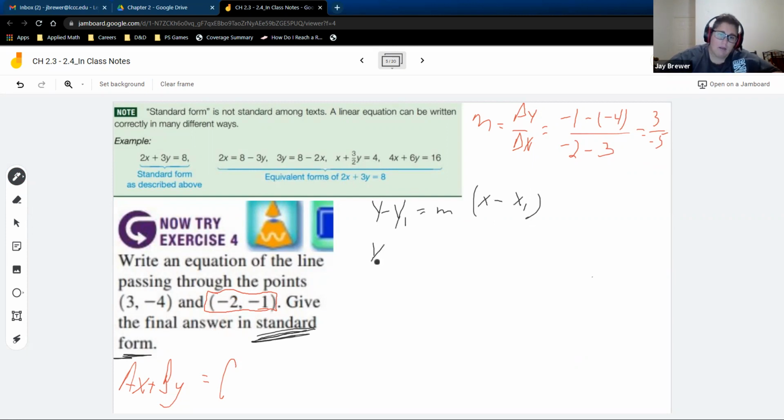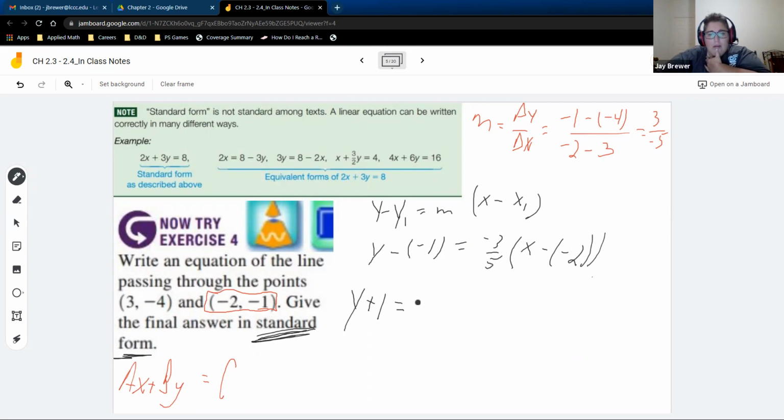So y minus a -1 equals -3/5 x minus a -2. So that's going to give you y plus 1, right? Because we have negative there. And before I distribute, I'm going to do x plus 2 here because negative.